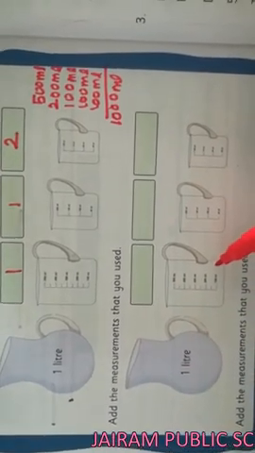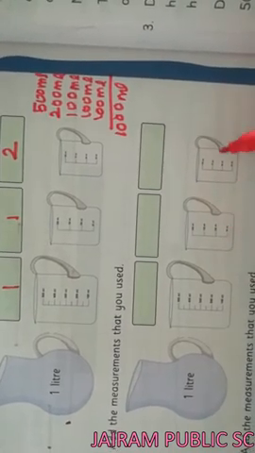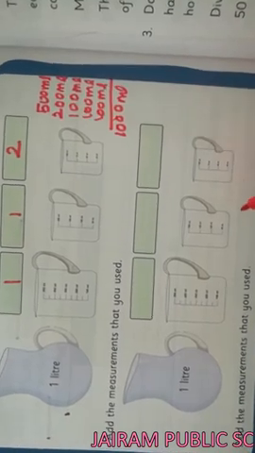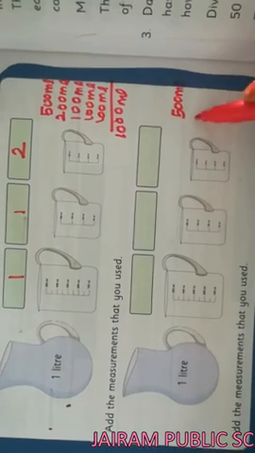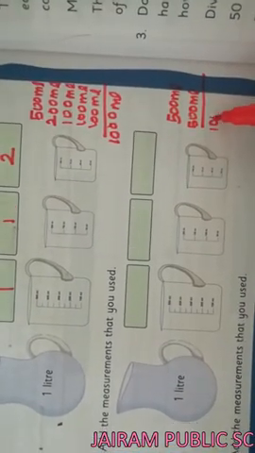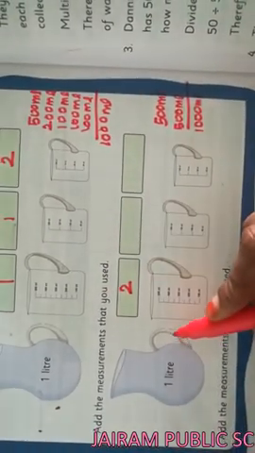Here a 500 ml cup is given, a 200 ml cup is given, and a 100 ml cup is given. For that I will use the 500 ml cup 2 times. Then I will get 1000 ml. Here I will use only 2 cups of 500 ml.